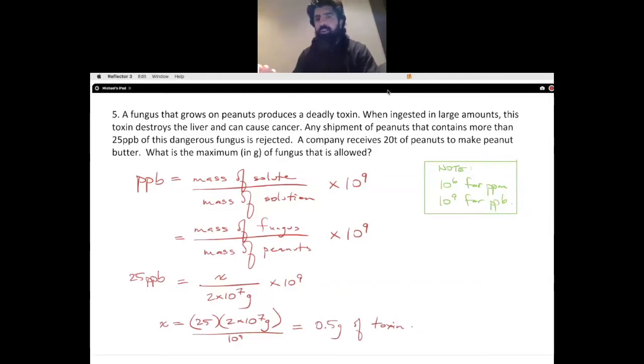I typically don't give too many of these types of questions in tests and quizzes and assignments, just because they're not seen as often as you would see the last equation that I shared, that C is equal to n over V. Okay. So practice these sample problems.